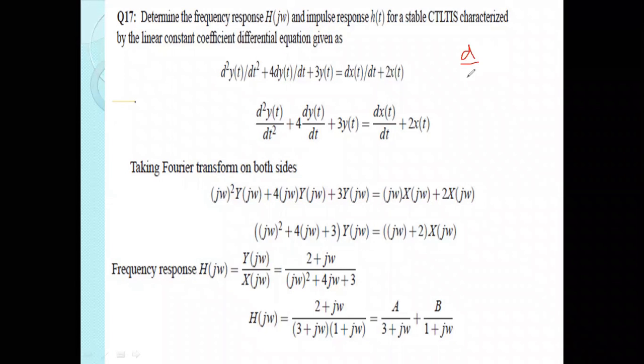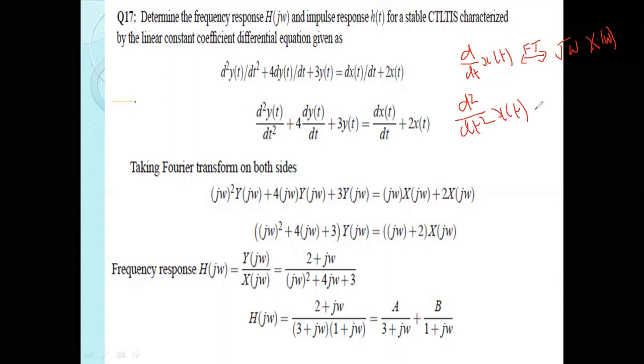We know the d by dt of x of t, its Fourier transformation is j omega into X of omega. And the second derivative d square by dt square of x of t, its Fourier transformation is j omega whole square into X of omega.